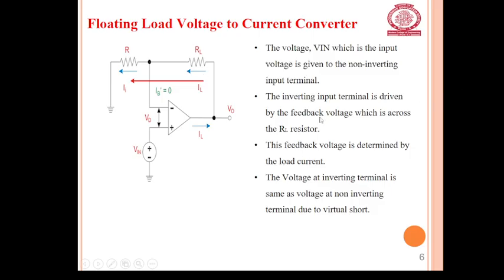Here the inverting terminal is driven by the negative feedback. Due to this negative feedback, the potential at the inverting terminal will be the same as the non-inverting terminal potential due to virtual short.